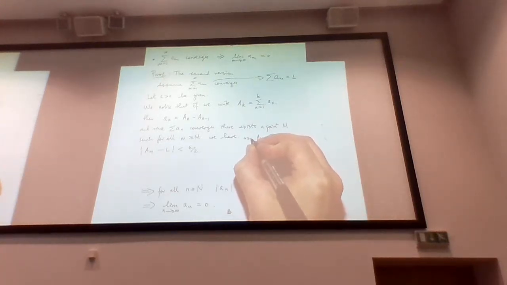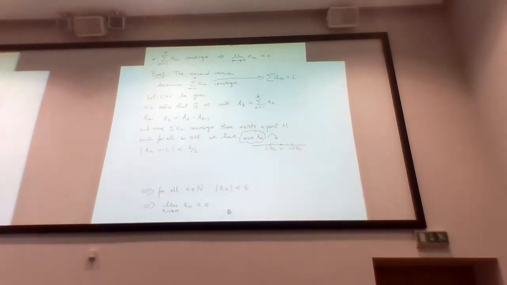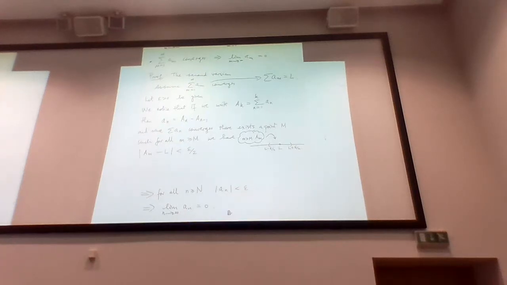So that means the term little a_n, because it's the difference between two partial sums, the most the difference between two of these partial sums can be is epsilon, because they have to be inside this interval. So the furthest distance they can get away from each other is epsilon, because that's the length of the interval.